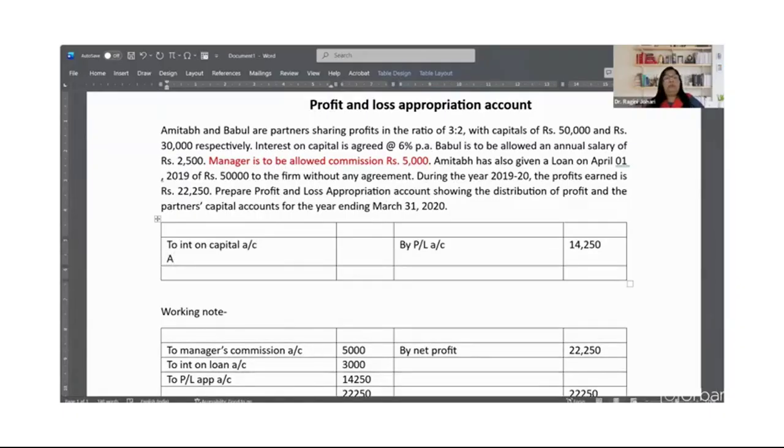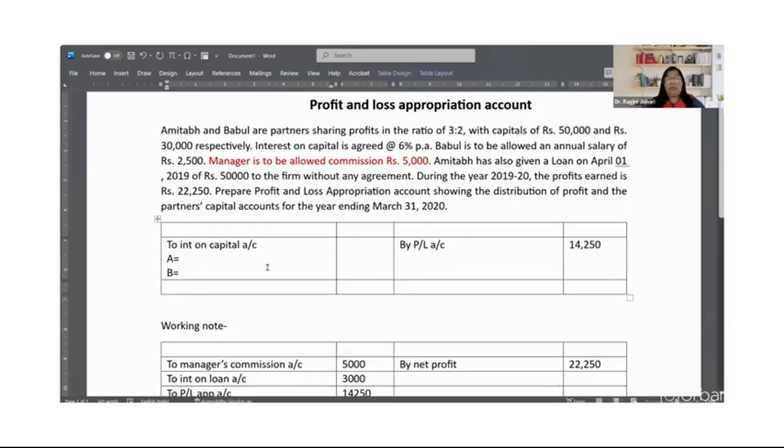So, this is Amitabh and this is Babu. 6% of 50,000 will again be 3,000. And then Babu's capital is 30,000. So 6% of 30,000 will be 1,800.